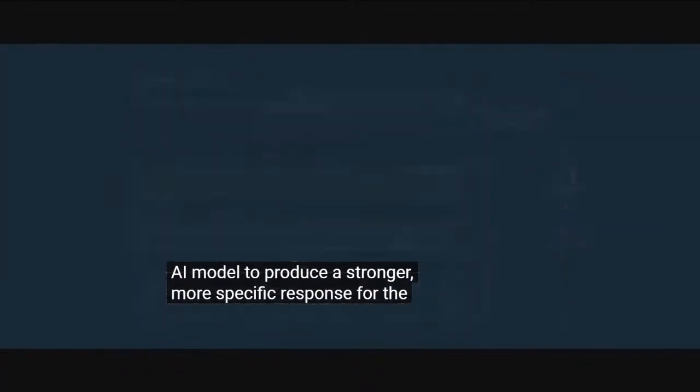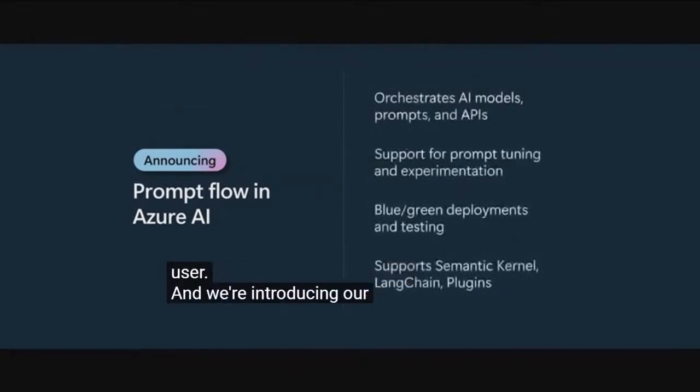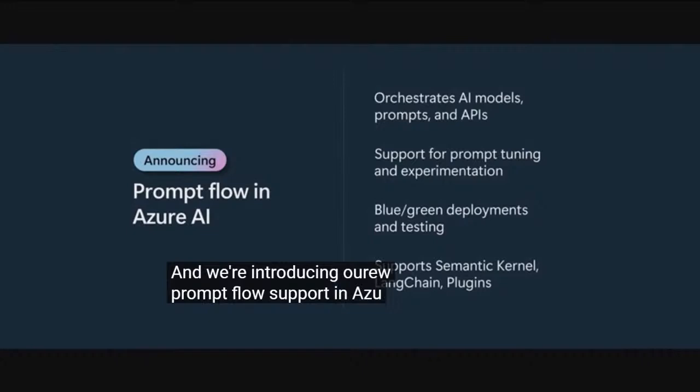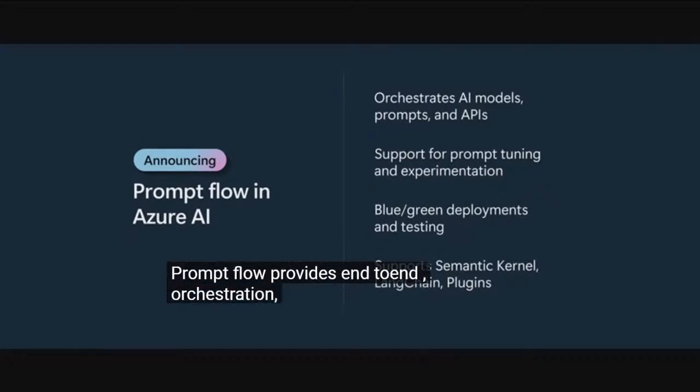And this week at Build, we're introducing our new prompt flow support in Azure AI. Prompt flow provides end-to-end AI development tooling that supports prompt construction, orchestration, testing, evaluation, and deployment. And it makes it incredibly easy to leverage open source tools and frameworks like Semantic Kernel and LangChain to build your AI solution as well.